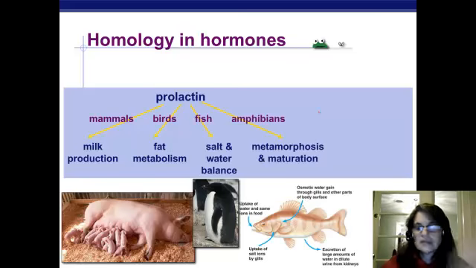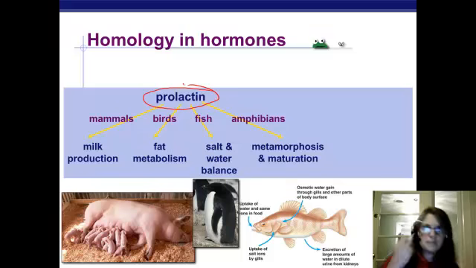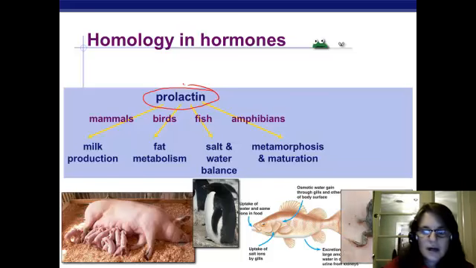In amphibians, it deals with maturation and going through the tadpole phase and all of that kind of thing. So, same fundamental hormone, kind of like the same fundamental stumpy limb, has gotten utilized and sculpted to be used in different organisms in different ways. We see this kind of pattern over and over, not just with limbs, but with chemicals as well.